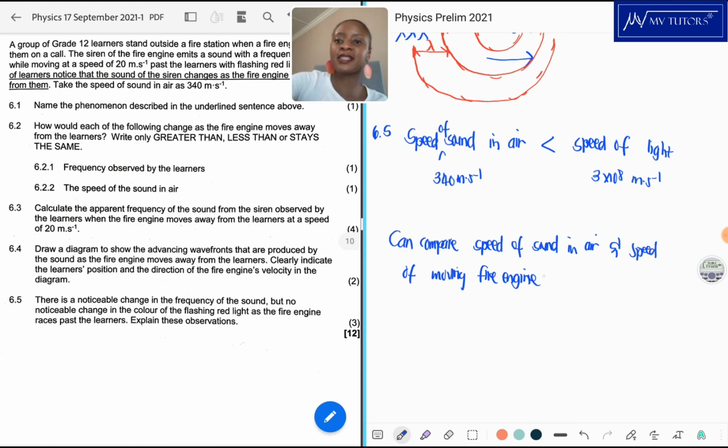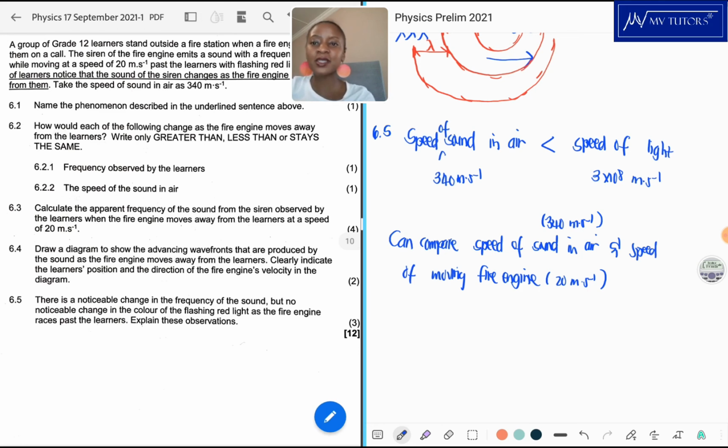Its speed was what? The speed of sound in air, that's 340. And then for the engine, that was like 20. So they're comparable. Hence, you can talk about the differences between them.